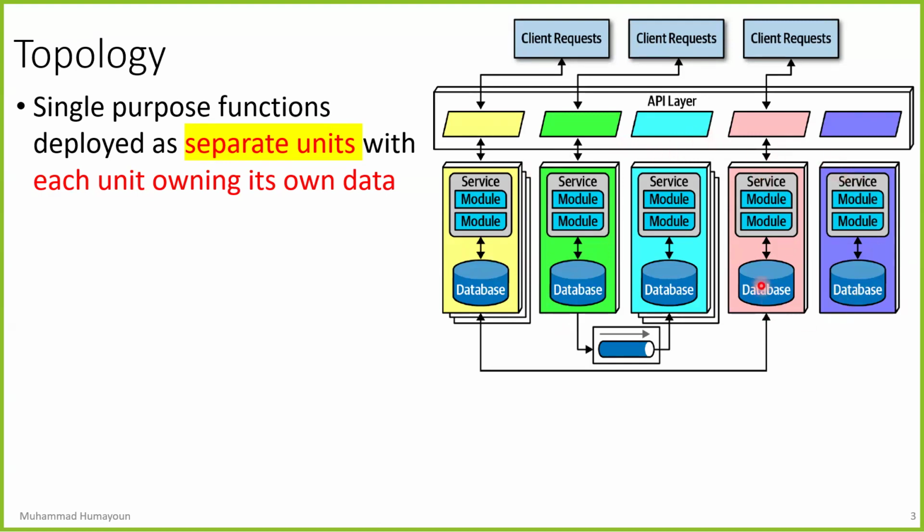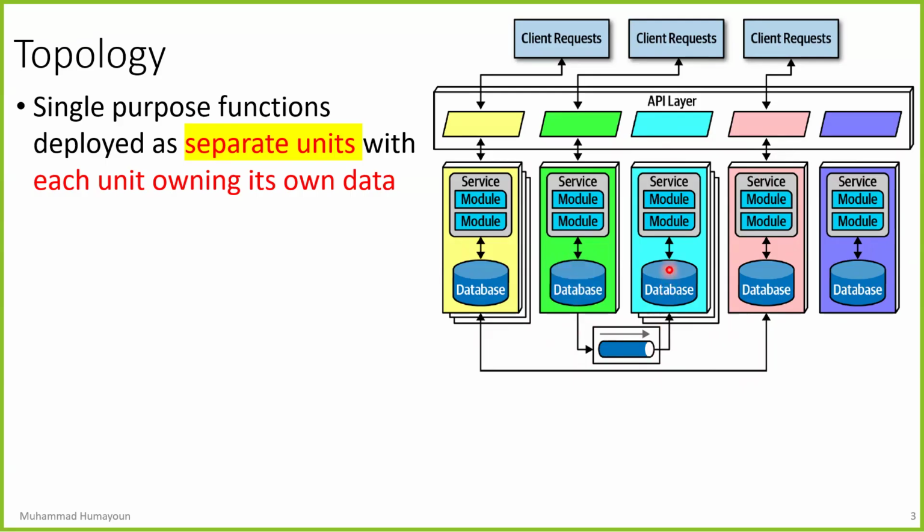A number of services, and of course, sometimes services need to synchronize their data. Services need to communicate with each other. So these arrows show that kind of communication. For instance, here we are using queues so that data could be transmitted from this database to this one.